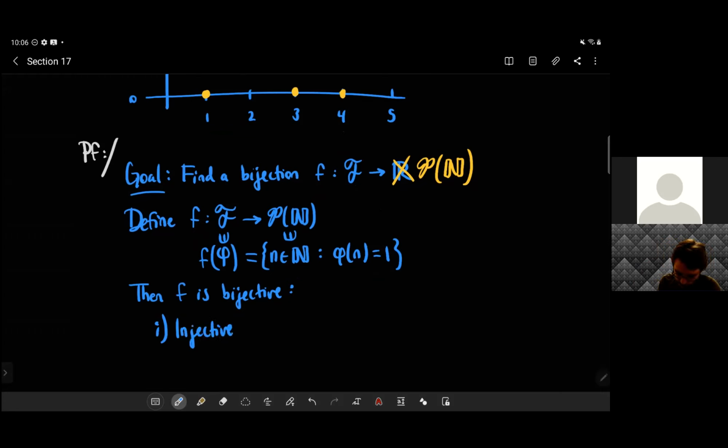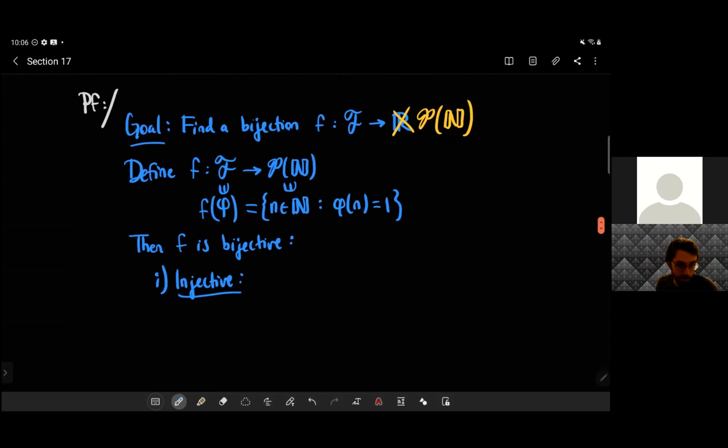So we'll check injectivity, and injectivity is going to be a bit challenging. Luckily, surjectivity is going to fall in place real quick. So injectivity: I want to take two elements of my domain, call them phi and psi, and suppose that their function values are equal.